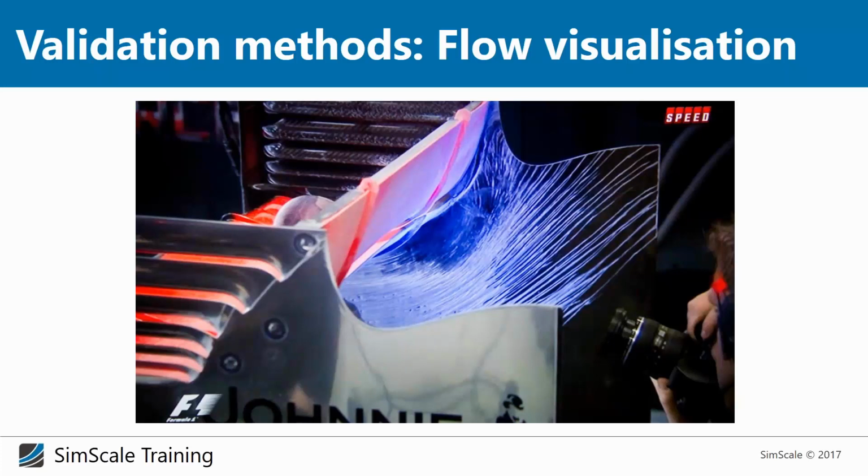What you can validate with this method is if the flow separates or not, but what you cannot validate with this method is how much downforce, for example, your car really produces. Therefore, I will give you something later.